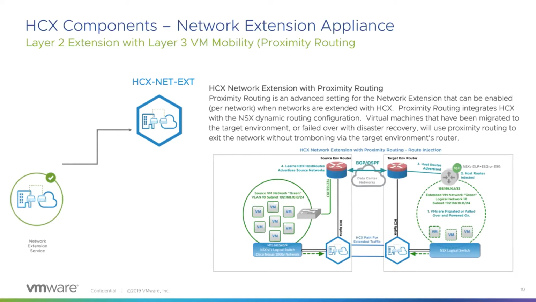Recycled in the sense it is rebooted. So do bear in mind that for proximity routing to be effective, a virtual machine has to be restarted, and it does require the two sites to have OSPF or BGP protocols enabled so that they can learn the routes that are on each of the sites.